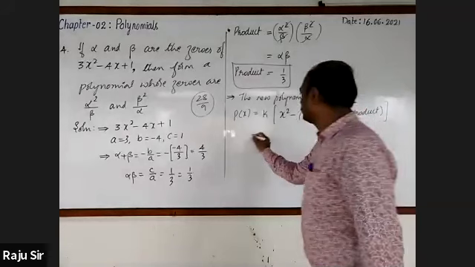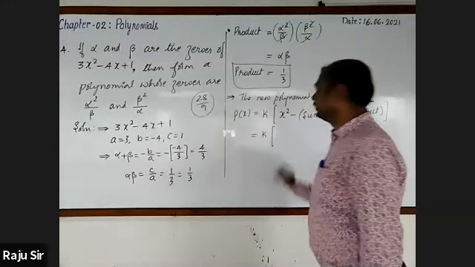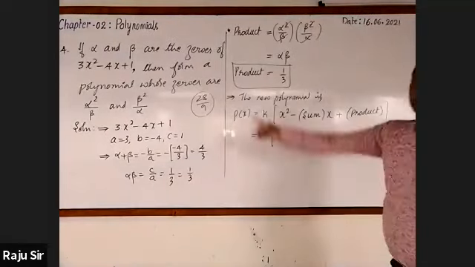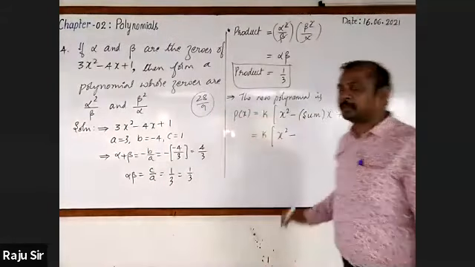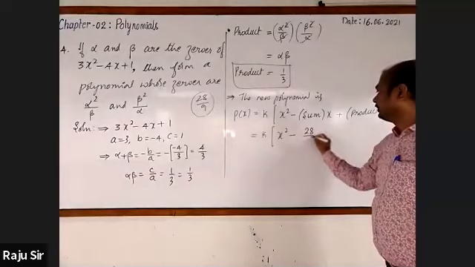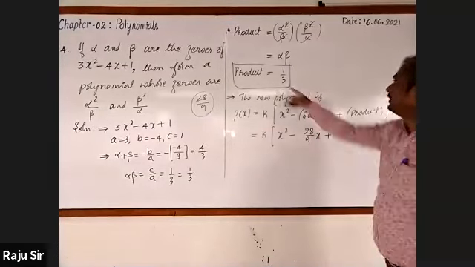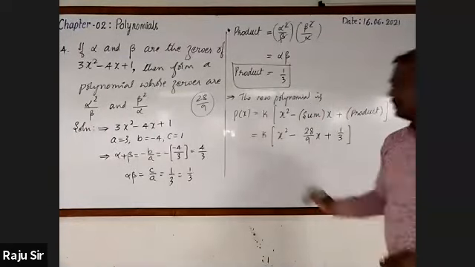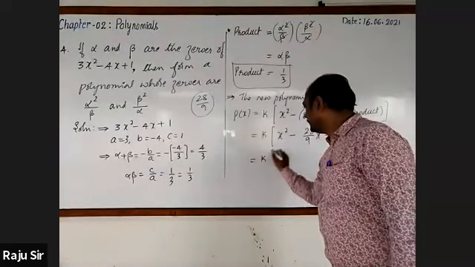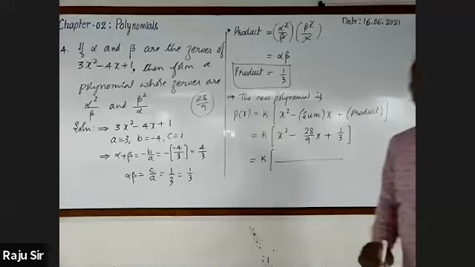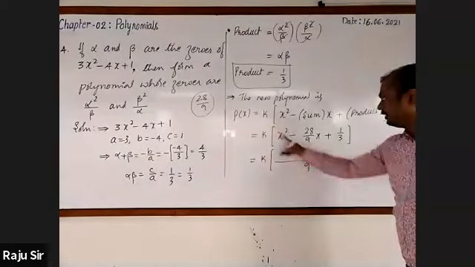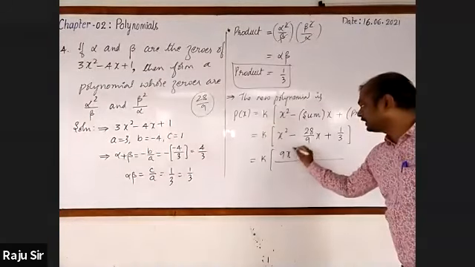This is equal to K into x square minus sum, we know that it is 28 by 9, into x plus product of new zeros, this is 1 by 3. This is equal to K into, take the LCM of the denominators. It is 9. Multiply 9 with the first term: it is 9x square.